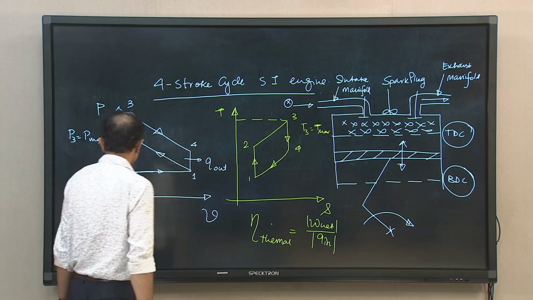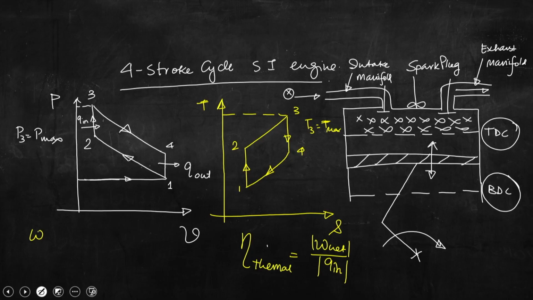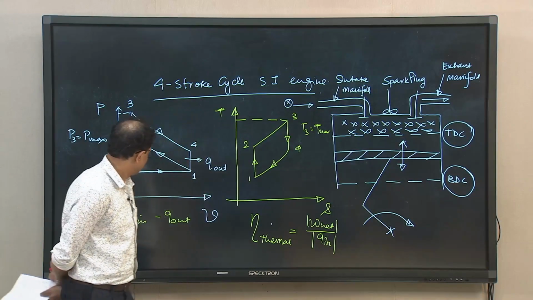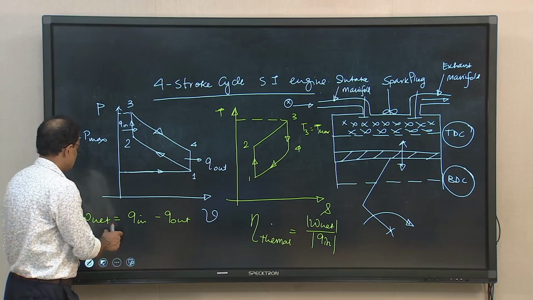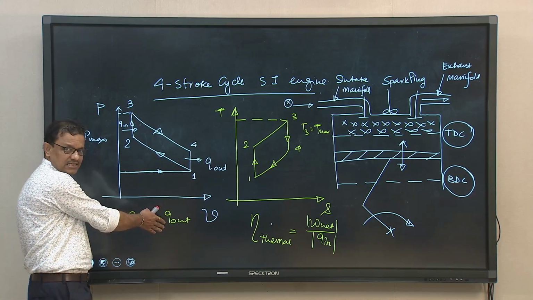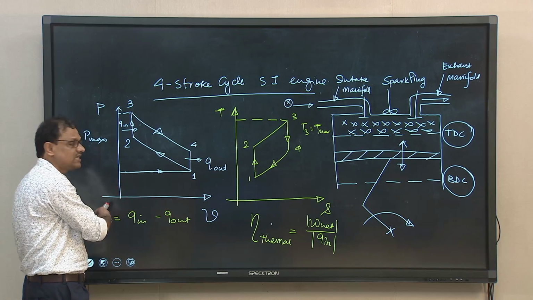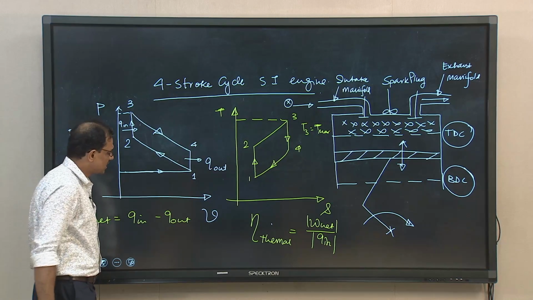So, what is W net? W net is Q in minus Q out, right. That we can get from the first law of thermodynamics, that is, the energy balance. You know that heat addition minus heat rejection is essentially the amount of energy you are going to get in terms of work. So, this is W net.